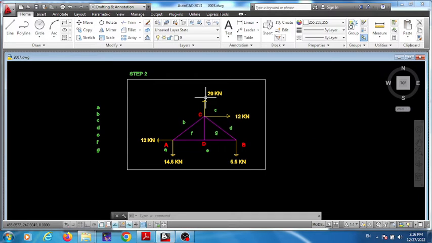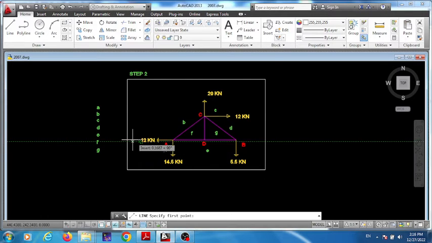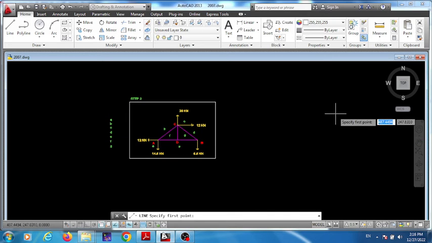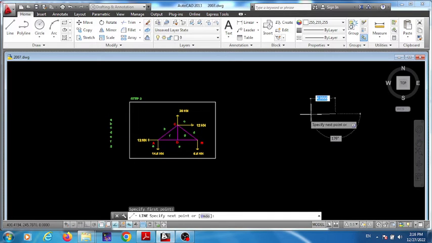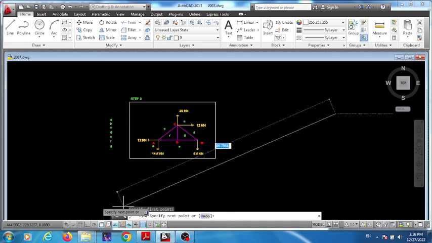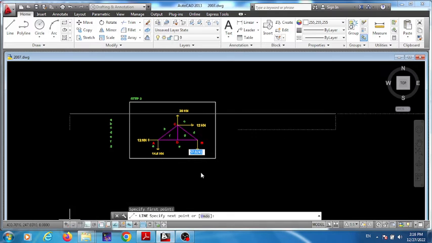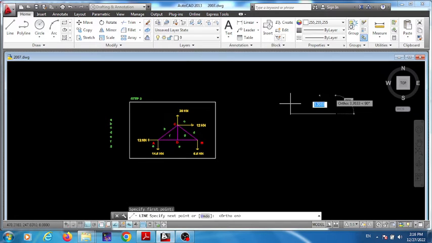Like that, you can choose a scale and draw. Now I will show you what to draw. Between space A and B there is a load of 12 kilonewton, which is in the left direction. So select any point and draw 12 kilonewton, meaning 12 unit distance.